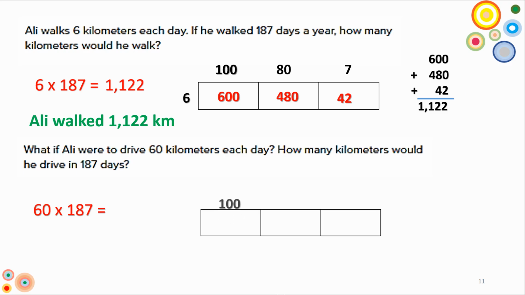So I will put 187 times 60. 60 times 100. 60 times 80, 2 zeros, and 6 times 8, it will be 48. 7 times 60, 6 times 7, 42 and 0.